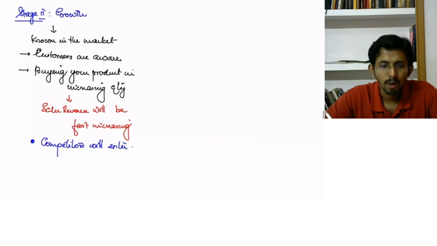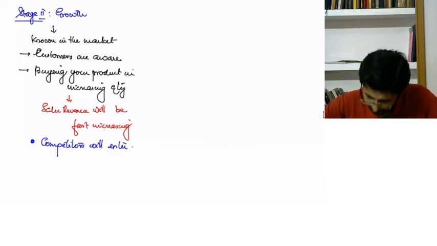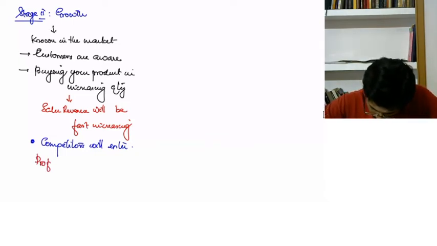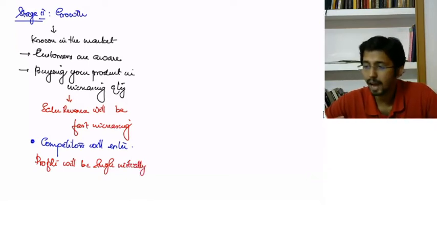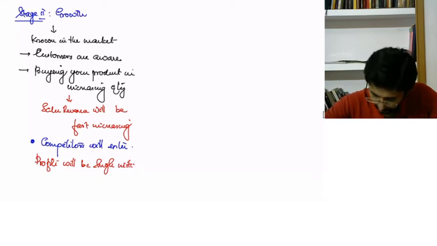Now what will happen? The profits will be high initially. Within this phase, profits will be high initially. Why will profits be high? I would say not profits, it will be margins.